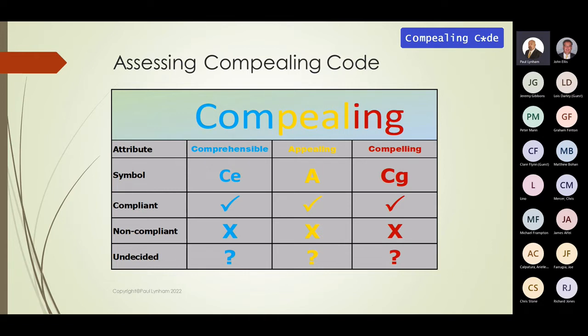A for appealing and CG for compelling. And then when we look at the code and we look at each of these attributes, we'll decide whether it's compliant with a tick, non-compliant with a cross, and if we're undecided, we'll use a question mark. So we will bear in mind this little table, and I'll have it on the screen so we can remind ourselves what we're talking about.